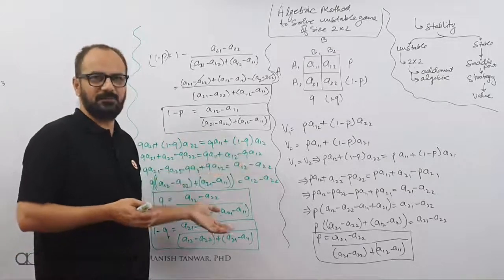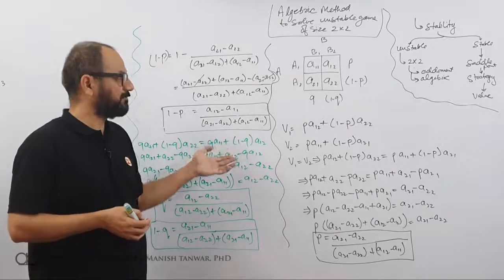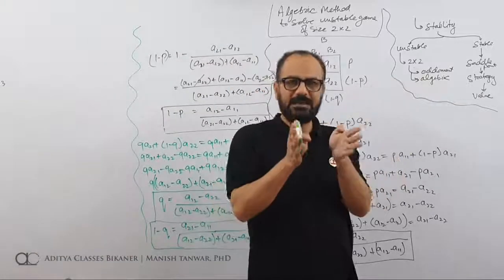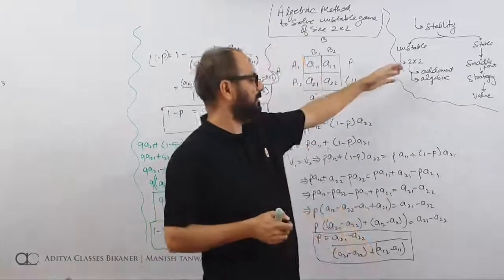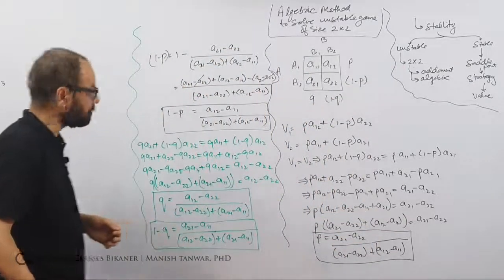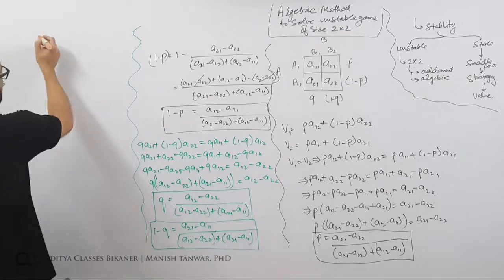If you can remember these formulae, very good. If you cannot remember these formulae, you can always move to the oddments method. We'll take a question which we will solve using the oddments method also and this method also, so that we can compare how these methods progress.